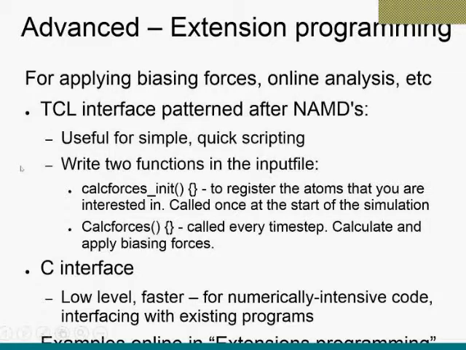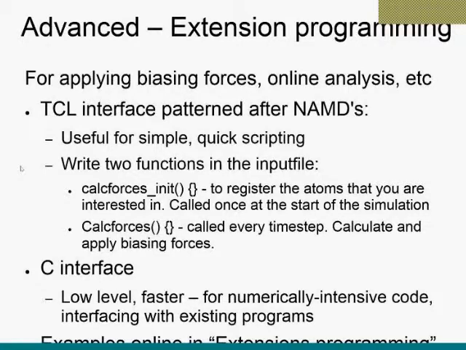The second interface is a lower level one. It's a C interface, so you need to be familiar with programming in that language to use it. The reason for using this interface over the Tcl one is if you are calculating a biasing force which is numerically intensive to compute.